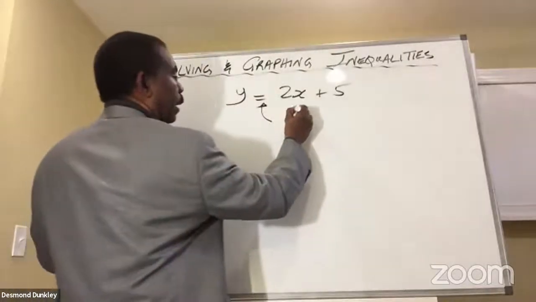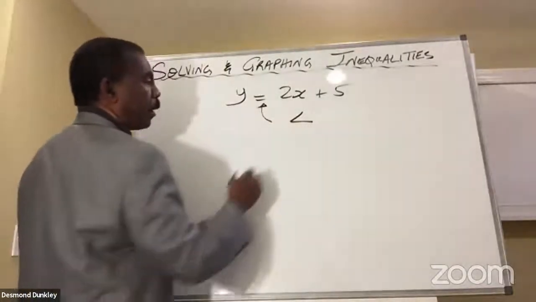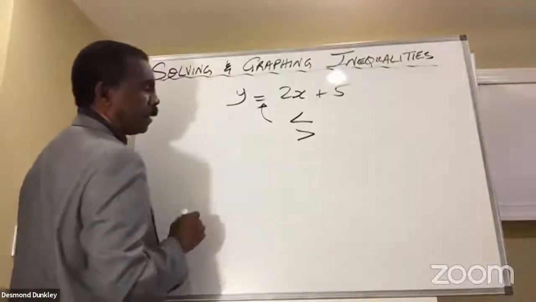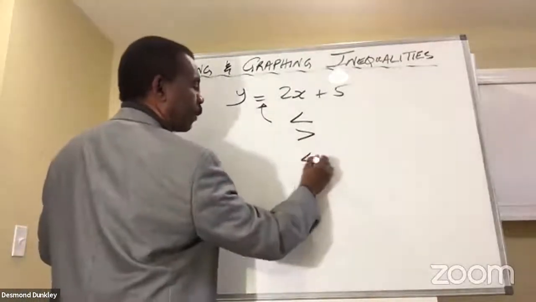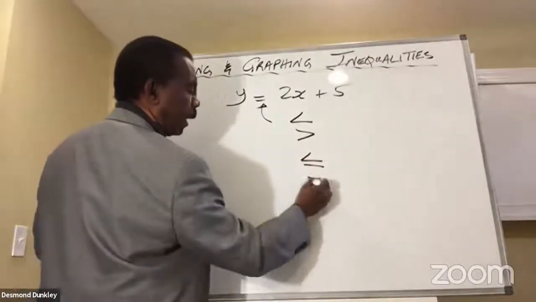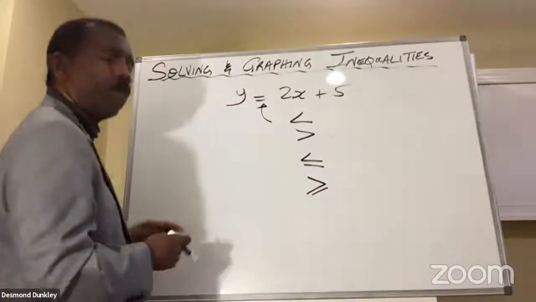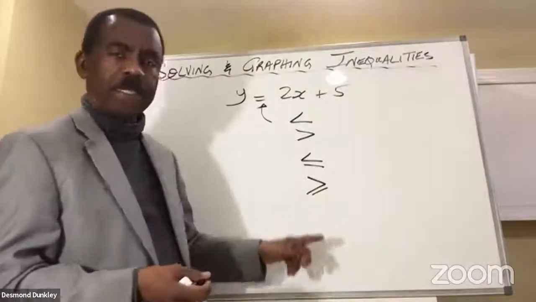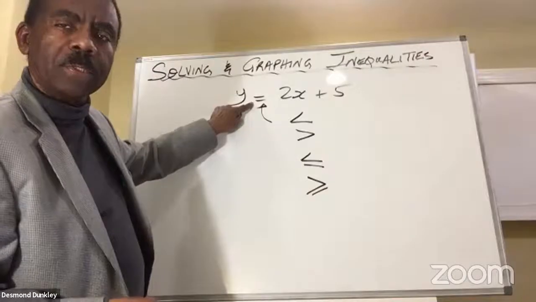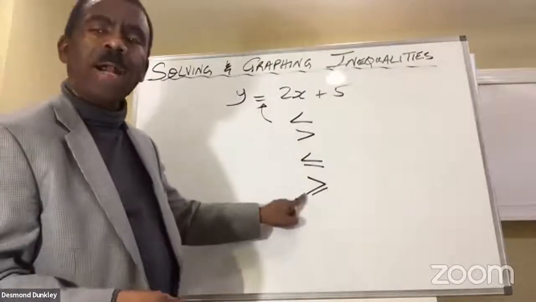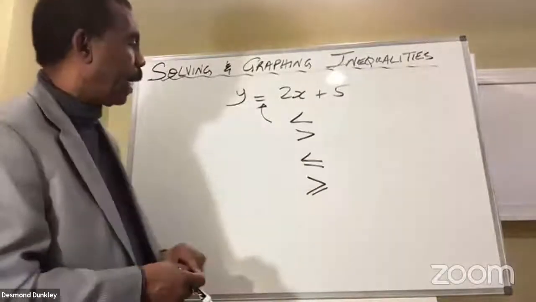Four different signs. So this says equal to, and these are inequalities, okay?